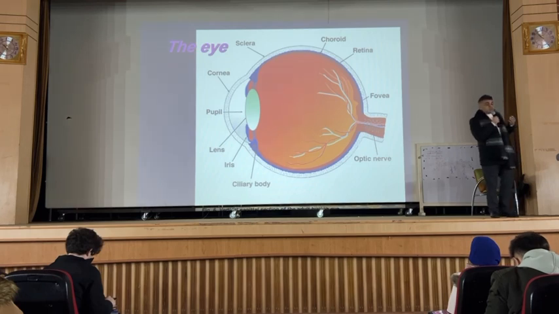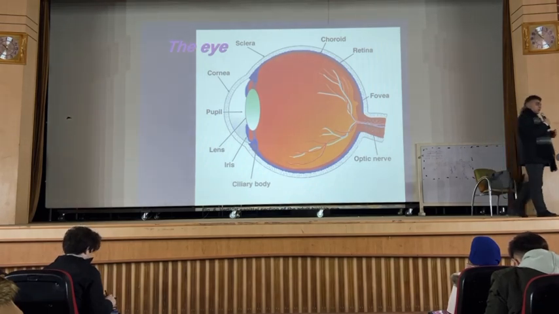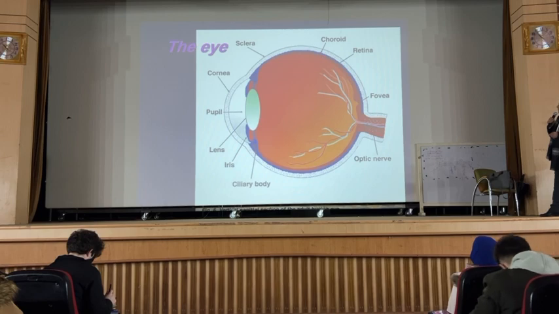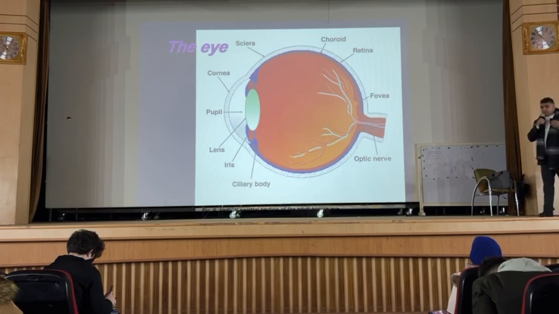The cornea is the transparent part, and this is the pupil. The second coat is the vascular coat. The vascular coat is the uveal tissue: choroid, ciliary body, and iris. This is the uveal tract. And we have the last part.